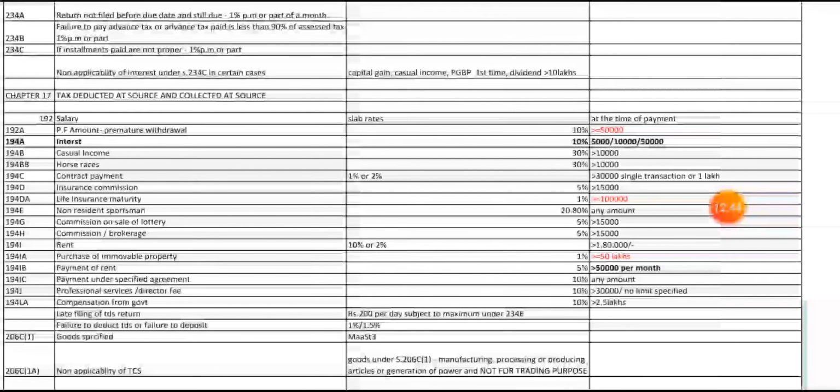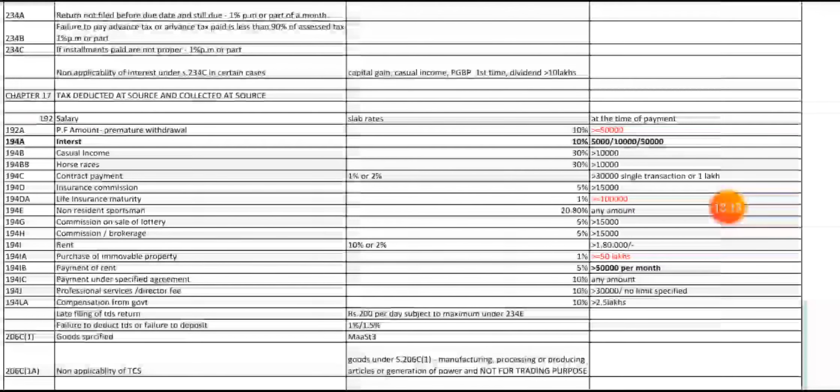So commission first and then maturity. 194DA is life insurance maturity. 194E non-resident. 194G commission on sale of lottery. 194H commission or brokerage generally. 194I rent. 194IA purchase of immovable property. 194IB payment of rent of immovable property. 194IC payment under specified agreement, which comes under this joint development agreement. 194J professional service. 194LA compensation from government.